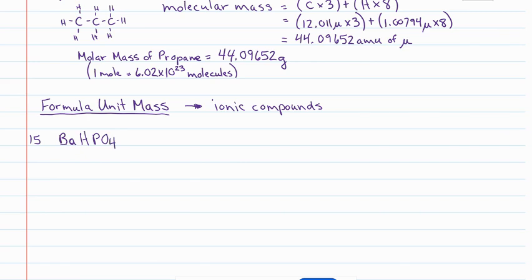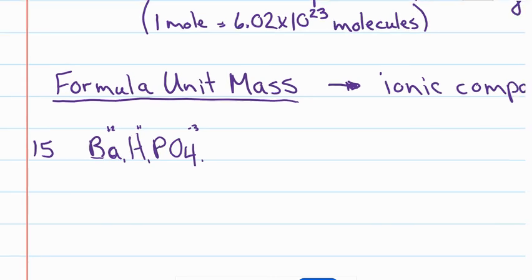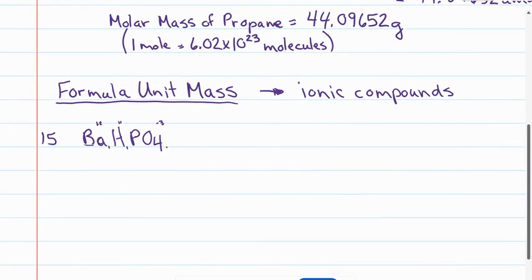Okay, now remember that when we look at this molecule, this was a +2, this was a +1, and this one was a -3. Okay, and we know that they go together 1 to 1 to 1. So that is how we figure out our formula there.